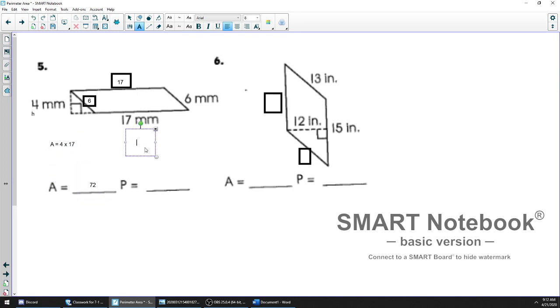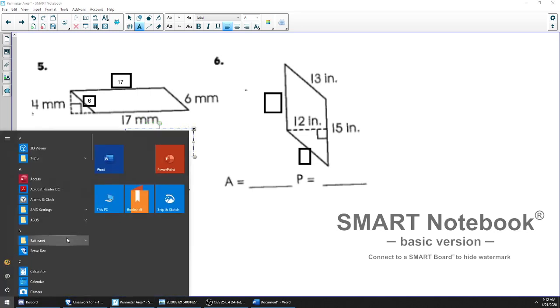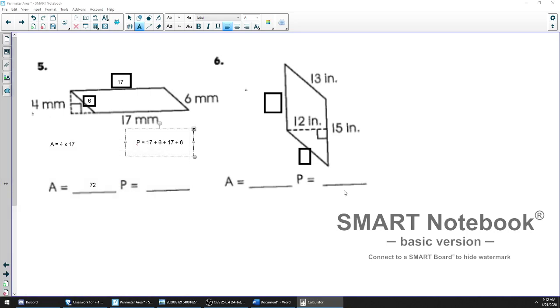Perimeter, how do I find perimeter? Remember, I'm just adding the outside numbers of the parallelogram, not the height. I'm going to add 17 plus 6 plus 17 plus 6. Remember, I am not adding the height, the 4. This dotted line means it's invisible, okay?